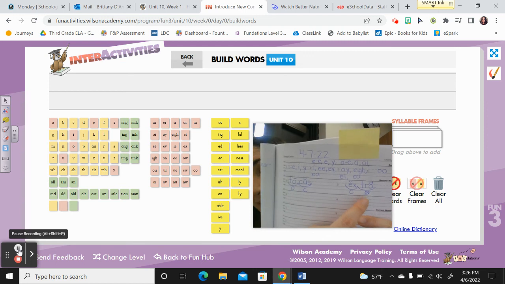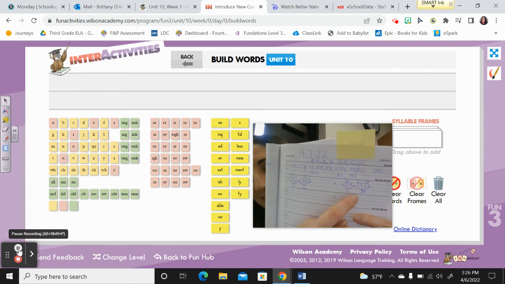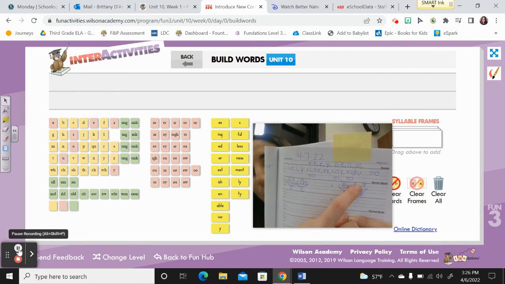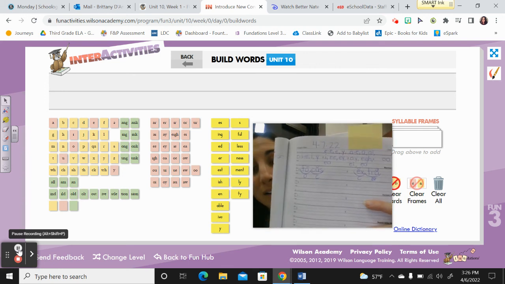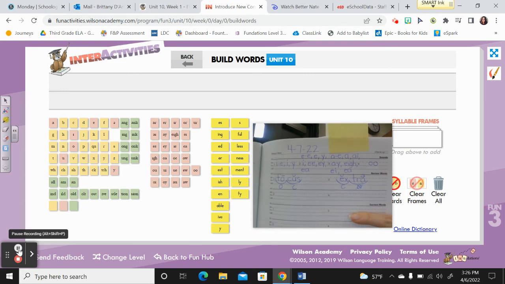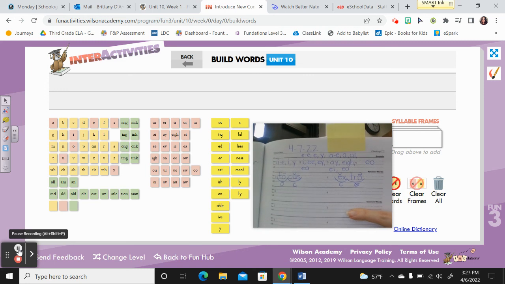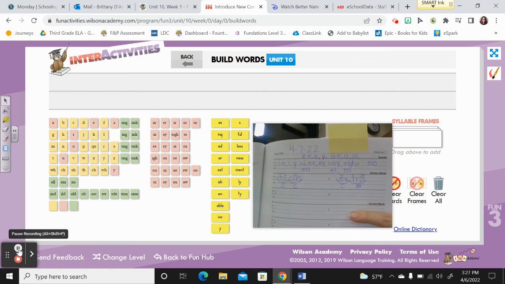It looks like it's an open syllable, but it's an exception because it's not saying x-tray. It's saying extra with that schwa sound. Okay, so double check your spelling and your marking. Remember, you don't want to have inaccurate answers in your book. That will not help you when it's time to take the Unit 10 test. So make sure you're being accurate and fixing any mistakes that you're making.